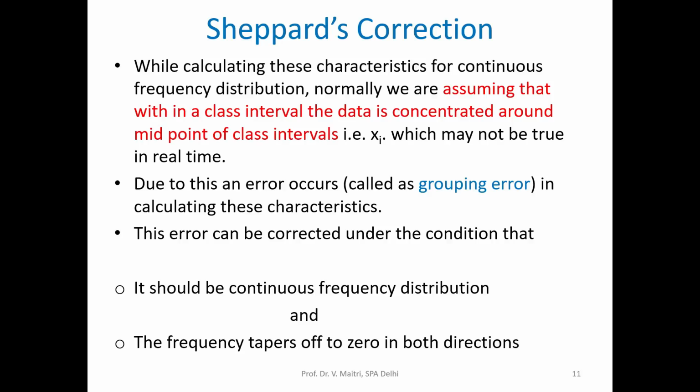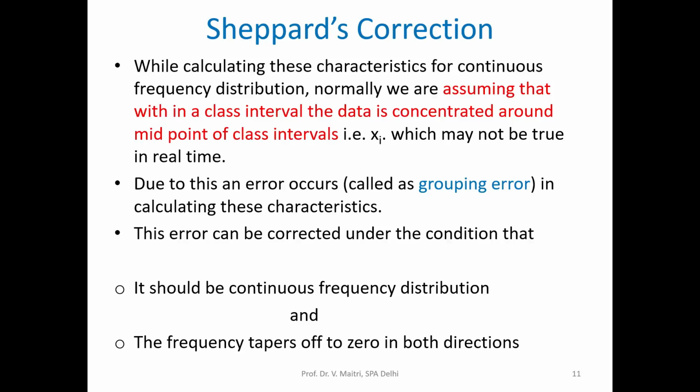Now comes the Sheppard correction. Now the Sheppard correction, when we are doing a calculation, especially related with the continuous frequency distribution, normally our assumption is that within a class interval data is concentrated around the midpoint of the class interval, that is xi, which we are computing.